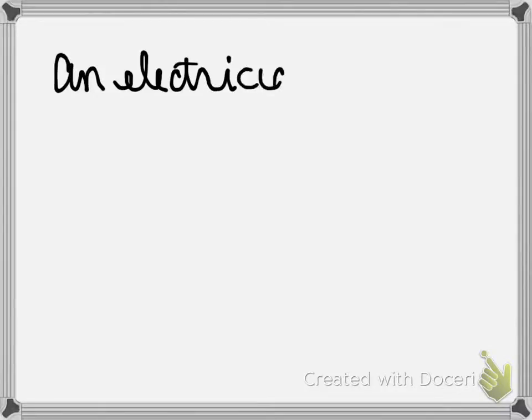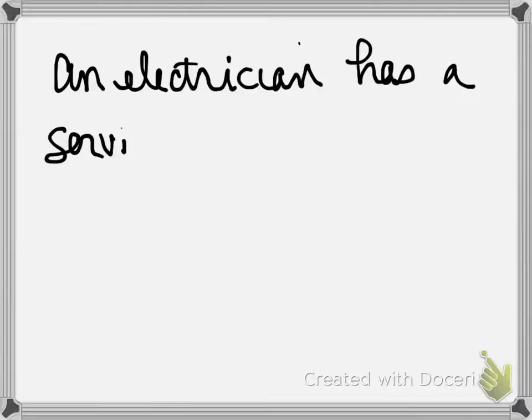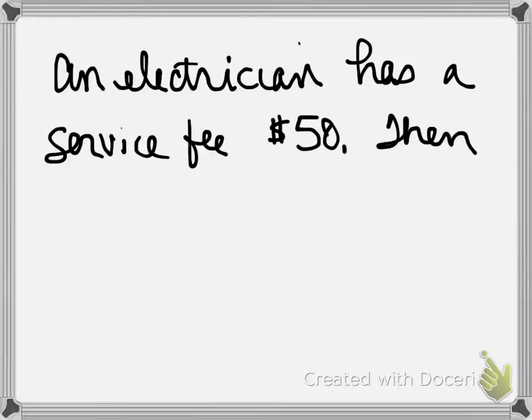So for instance, if you have a plumber or an electrician come out, and let's say an electrician charges a service call fee of $50, and then he bills $100 an hour.